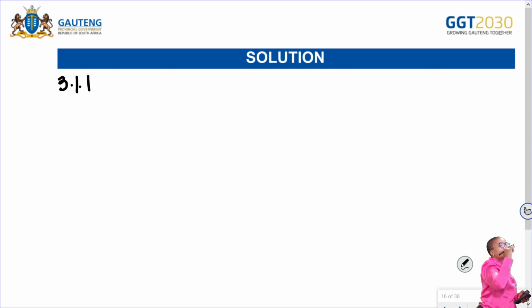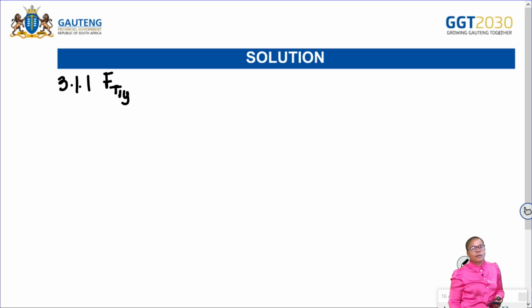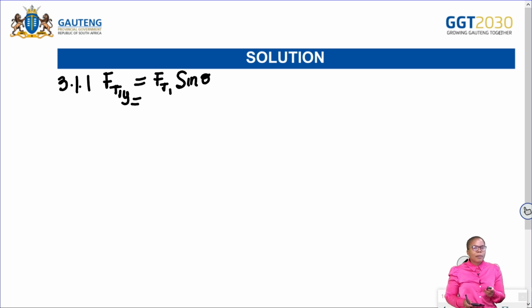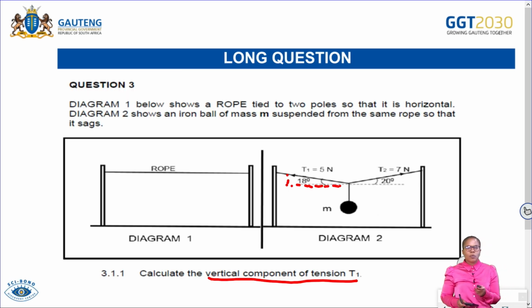Because we're talking about tension number 1, we want to find FT1Y. The tension force on 1, the vertical, is equal to FT1 sine of theta. What is the magnitude then? Let's go back a little bit.